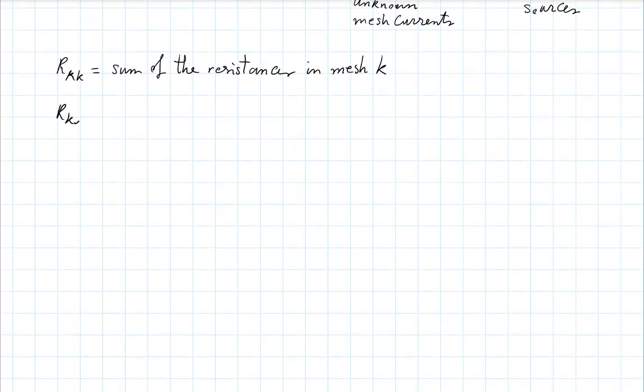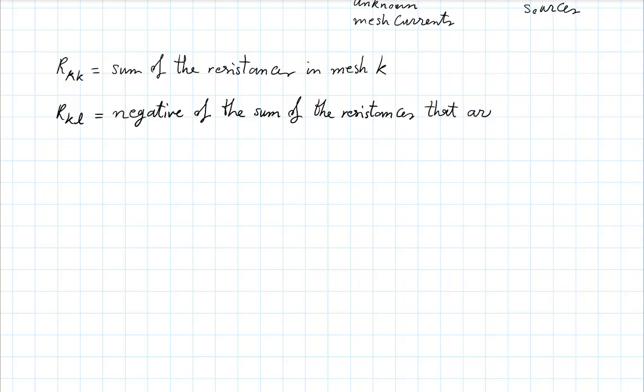And the off-diagonal elements, Rkl, is the negative of the sum of the resistances that are shared between meshes K and L, that are part of both meshes K and L. And remember that K and L are two different meshes, right?